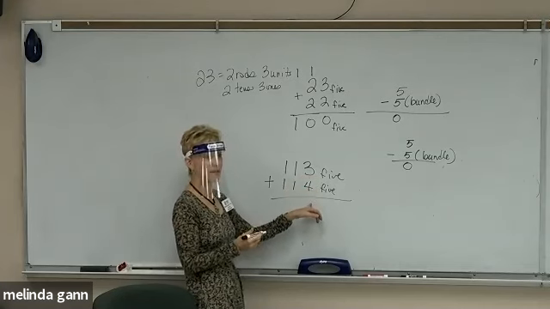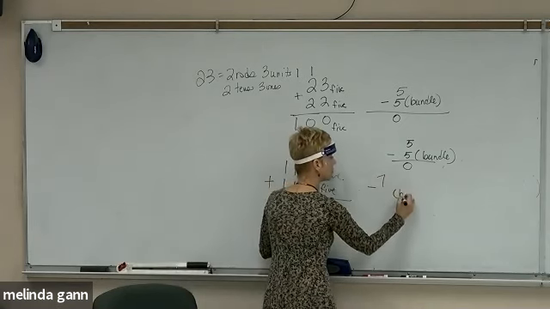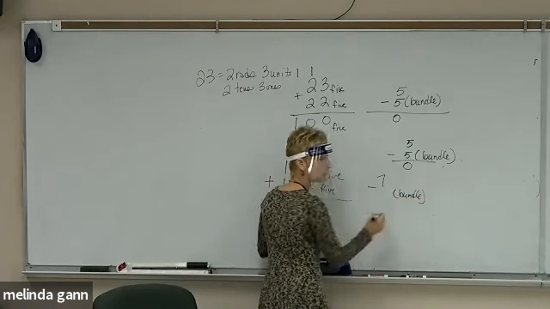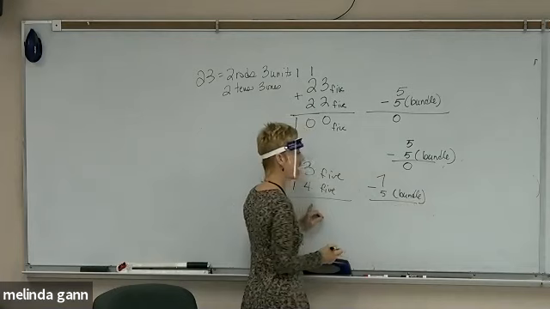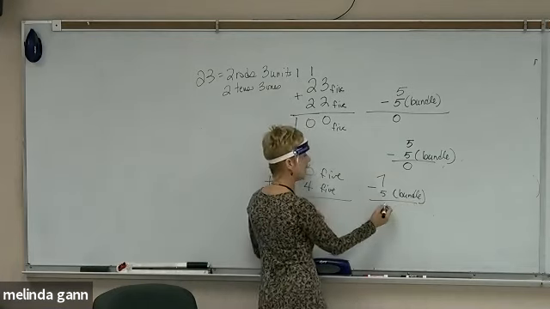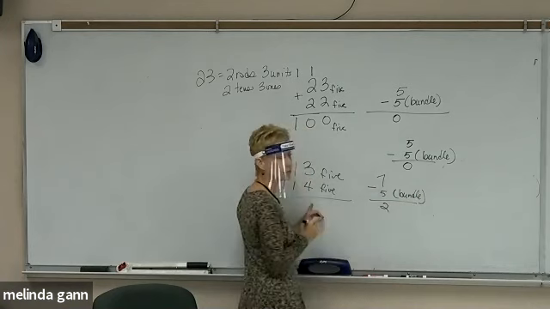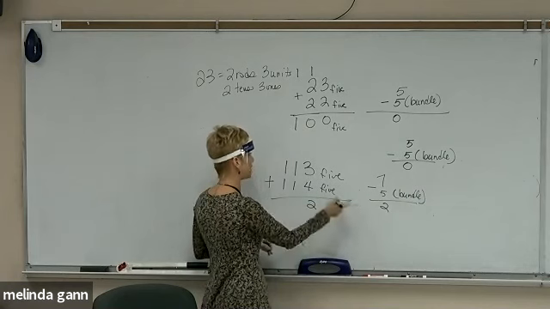Is 7 an okay base value? No. So I'm going to have to remove a bundle, correct? How many are in my bundle? 5. How do you know there's 5? Because it's base 5. How many will that leave me? Remainder of what? 2. Everybody with me? So that remainder goes down and I've got to carry my bundle.